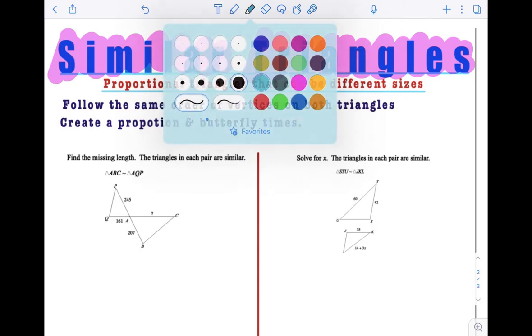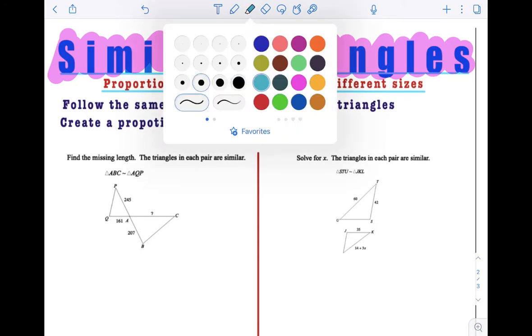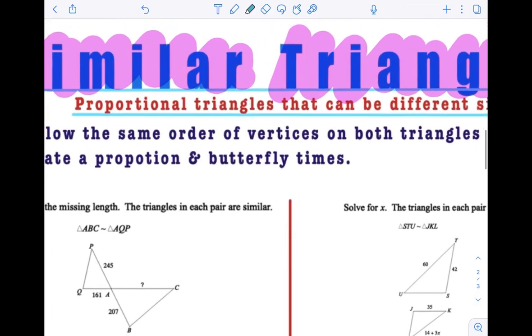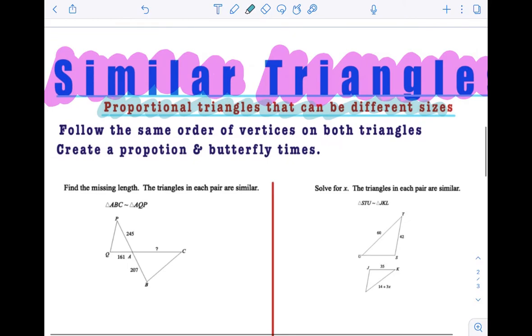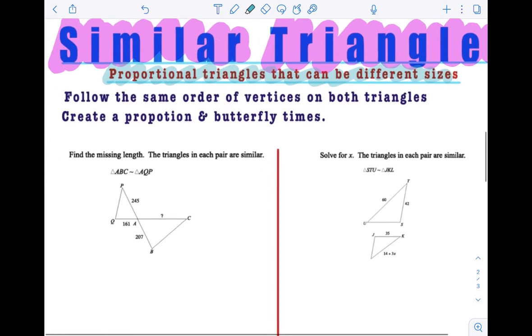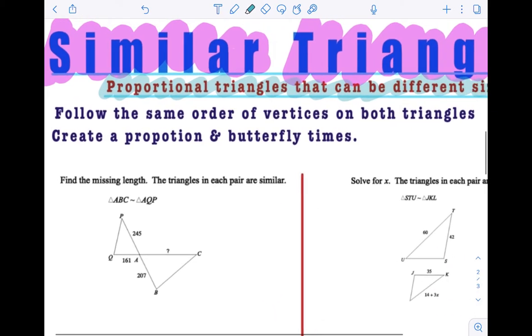Second thing we do is we look at our notes here. This note says proportional triangles that can be different sizes is what similar triangles are, okay? So we're going to do two things here.